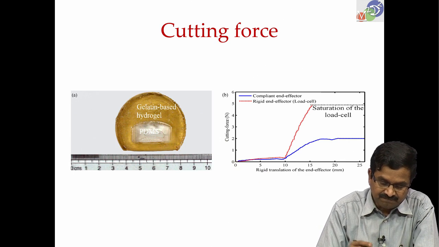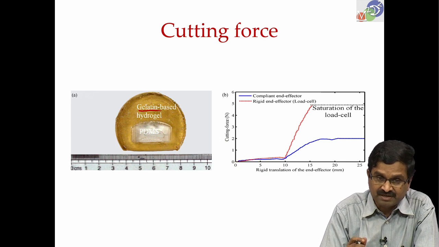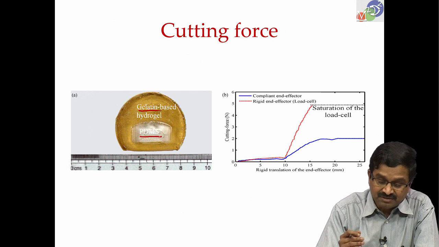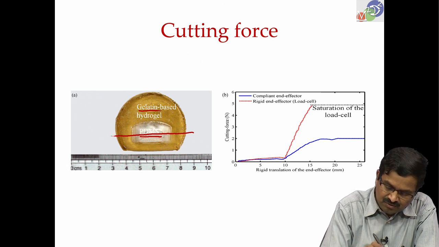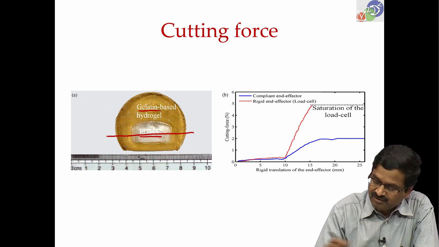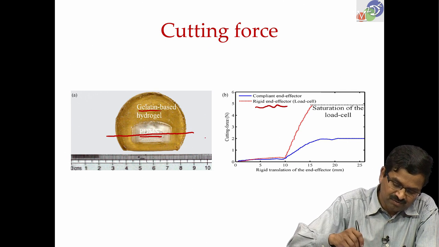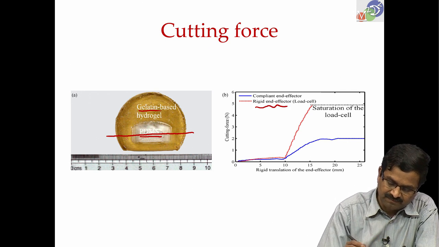Here is the thing where we have a gelatin based hydrogel, which is very flexible or soft, and then we have PDMS, which is also soft, but relative to this hydrogel it is stiff. When you cut along this, if you cut with a rigid end effector, if you just take a scalpel and go, you will cut hydrogel, you will also cut PDMS. So, we will cut through the whole thing.